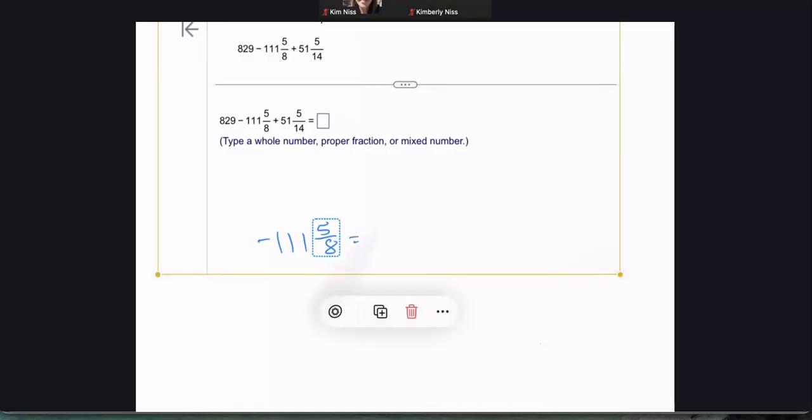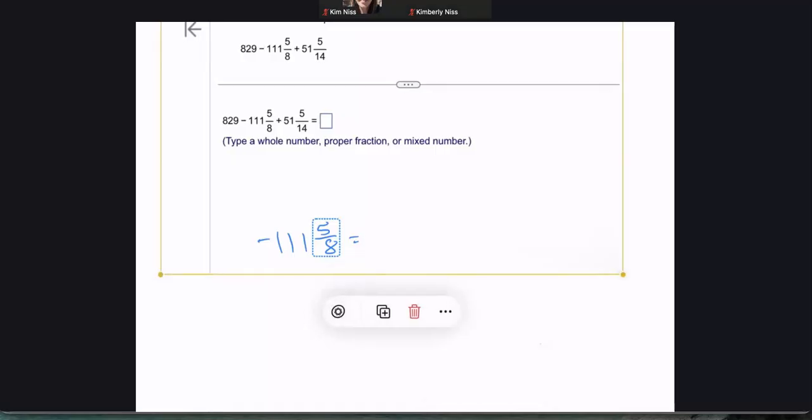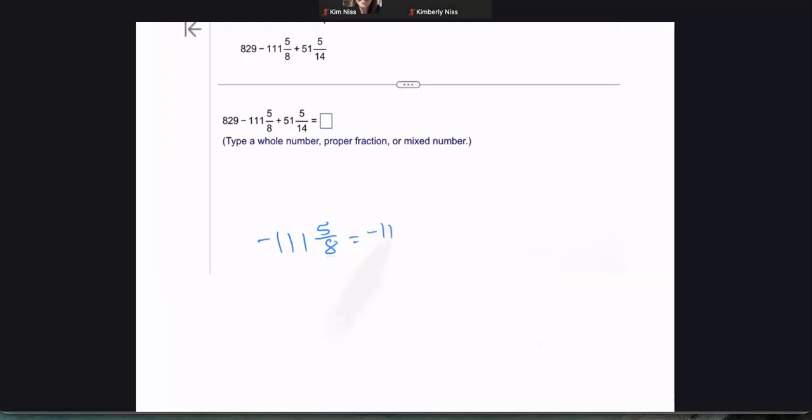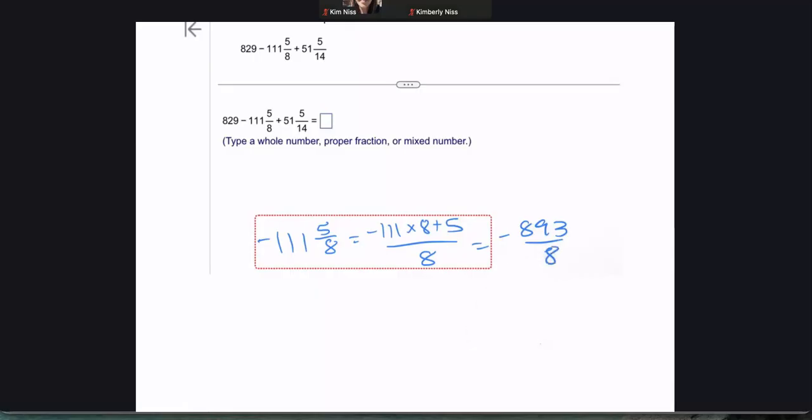So that's going to be negative 111 times 8 plus 5 over 8. You just keep it over the same denominator. And then you plug that into your scientific calculator, and you get negative 893 over 8.